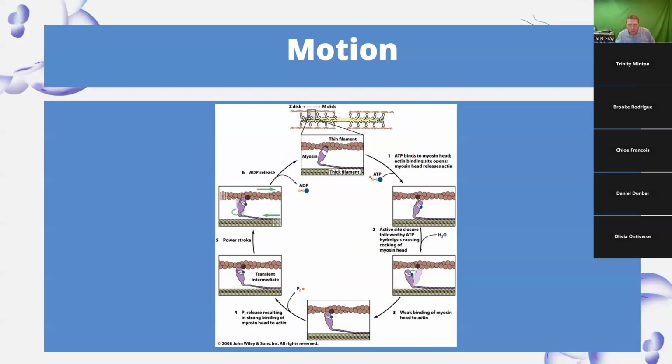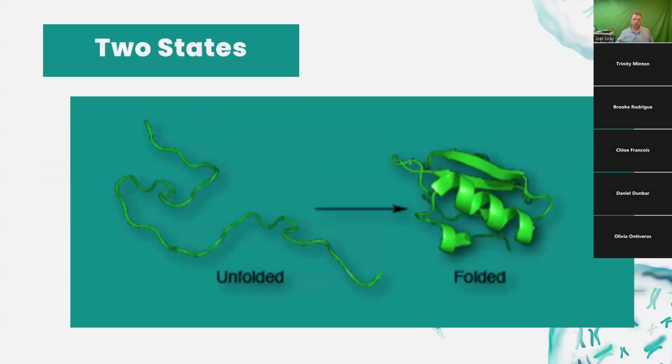Then we talked about globular proteins. And this is kind of where we took off, and we're going to jump back into this. Globular proteins have an unfolded state and a folded state. A folded state is their functional state where they're actually going to be able to catalyze and carry out any sort of function and reaction, whereas an unfolded state doesn't really carry out any sort of function.